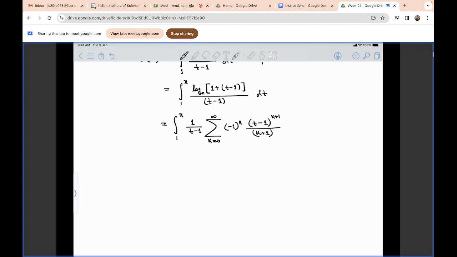For k equals 0, the coefficient of (t minus 1) should be positive, and the coefficient of the square term should be negative.